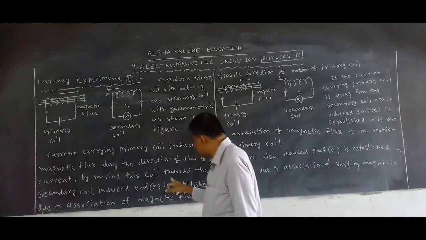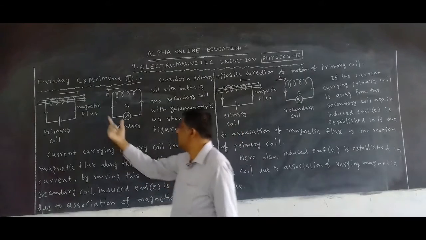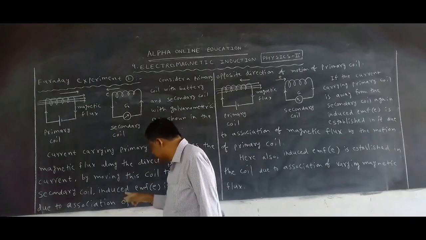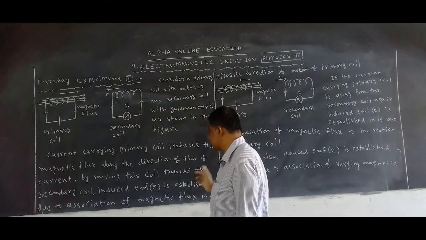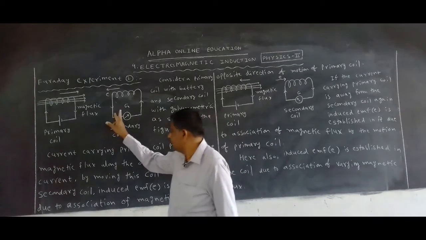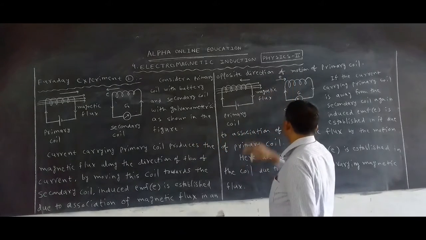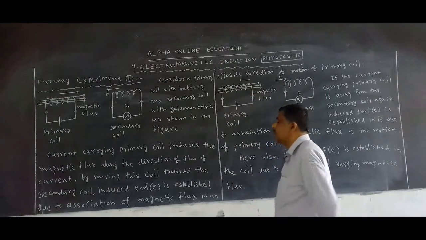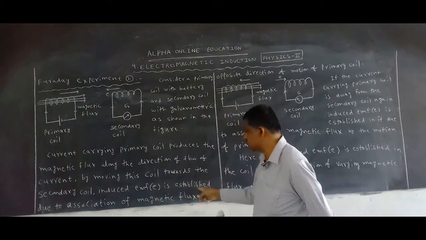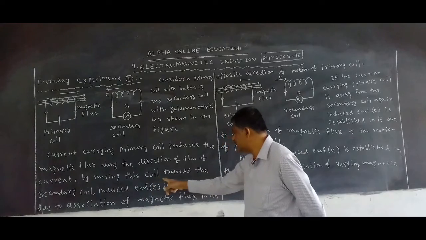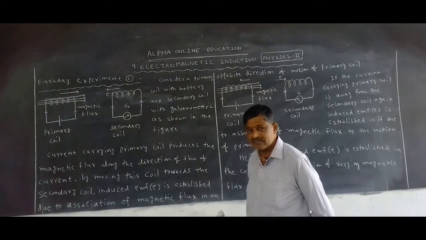By moving this coil towards the secondary coil, an induced EMF is established due to the association of magnetic flux, in the opposite direction of motion of the primary coil. Where is the induced EMF established?